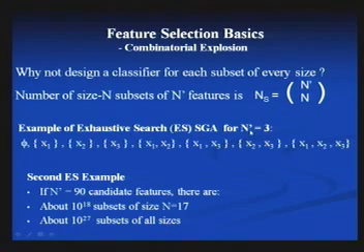So, for example, suppose n prime was 3. Well, then you'd have 2 to the third, which is 8 possible subsets, but this is subsets of every possible size. Okay? And it's including the empty set, and then it's including the set that includes all the features.